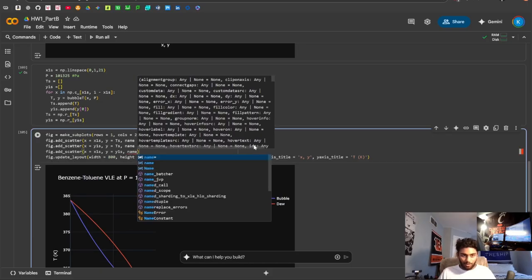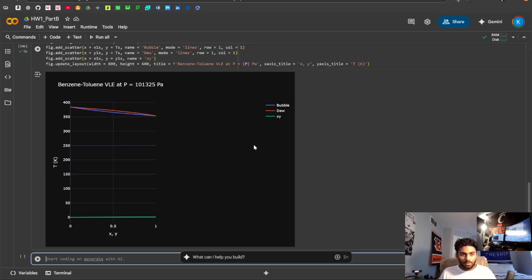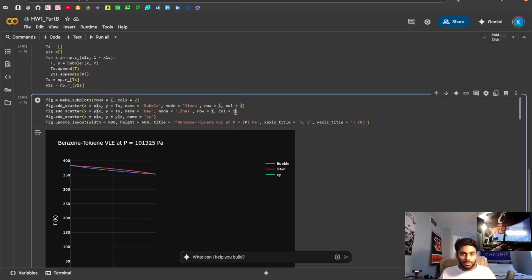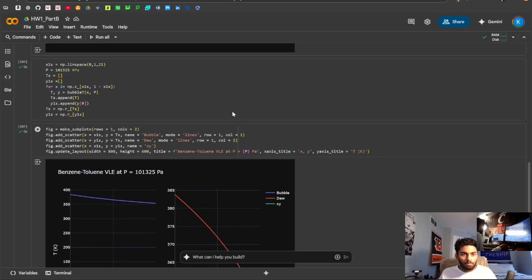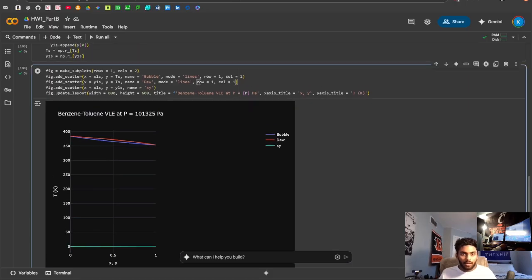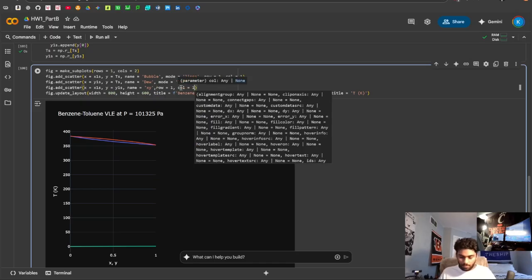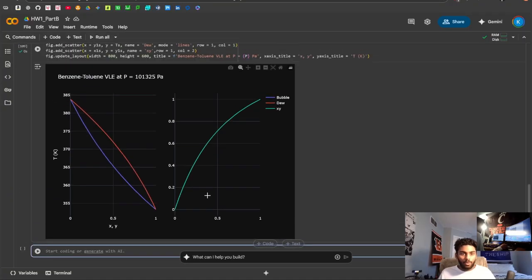Name this, I don't know, like our xy, something like that. Just see what that looks like. We'll assign its column 2. Oh no. Assign that to column 1, and then assign this to column 2. Right. See, now we have two separate graphs. This is our XY relationship.